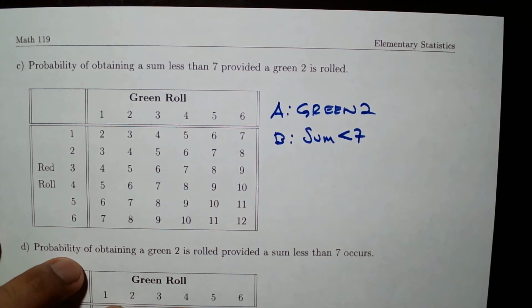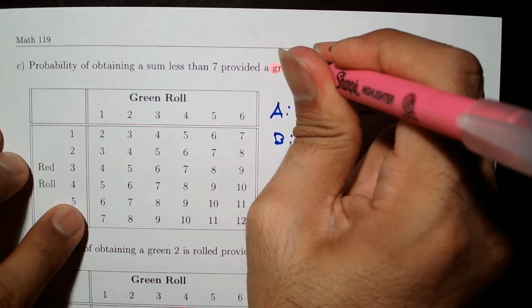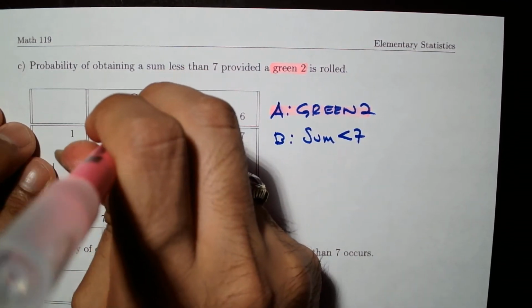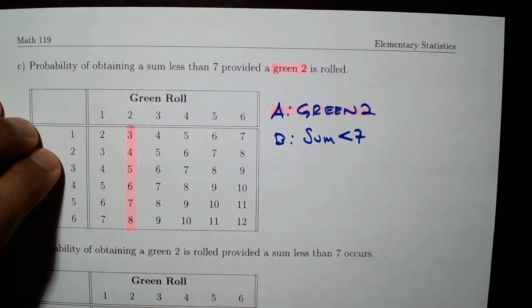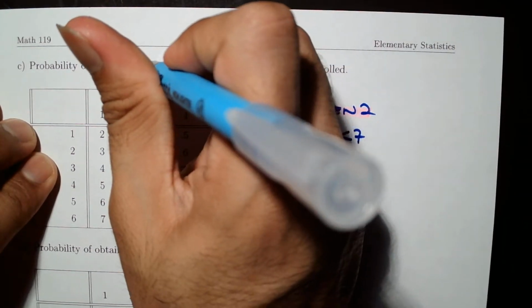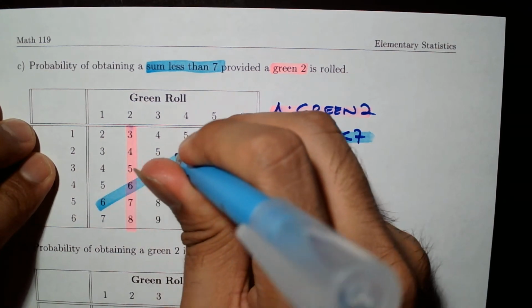So green 2, which is in pink, is going to be the second column, and sum less than 7, which is all this.